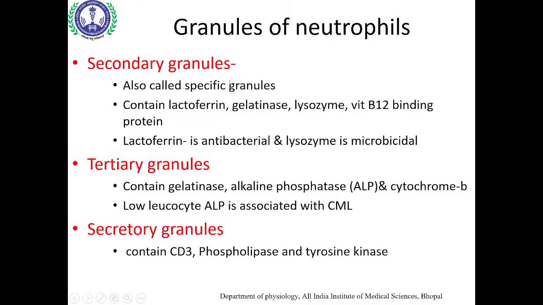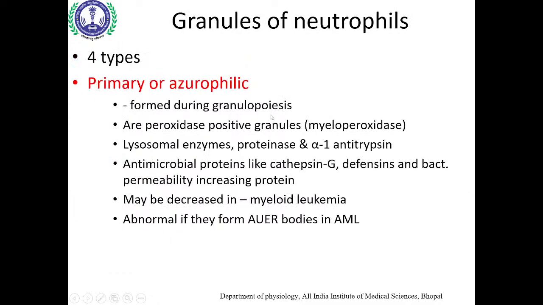Then we have other granules which are secondary granules, tertiary granules and secretory granules. The contents of all these are given in your books. Kindly go through it, okay? And you have to remember all these, right? The most important were those of the primary or the eosinophilic granules. So these are the different granular contents of the neutrophils, right?